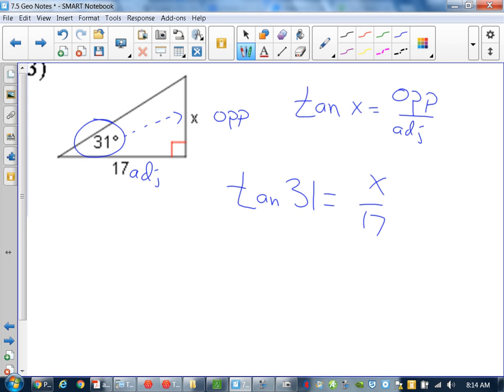What this is getting you guys set up to be able to do in a little while, I honestly don't think I'm gonna even bother with it today, is that it's going to force you guys to set up a one-step equation. That's all this stuff does. But it's a matter of, can you get to this from the picture? Yes, ma'am?